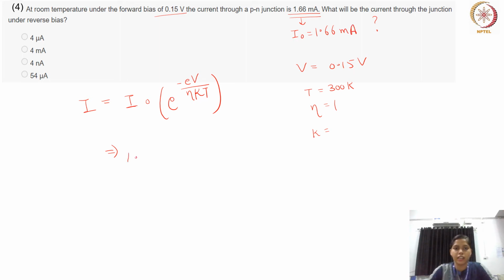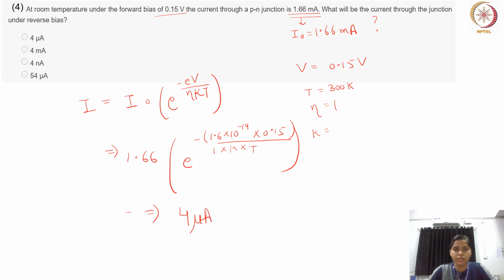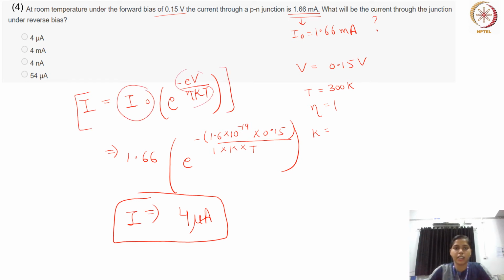So the value is e raised to the power minus 1.6 into 10 raised to the power minus 19 into 0.15 divided by eta, the value of K, and then the value of T. After calculating, it will give you the answer of 4 microampere. So you simply have to put all the values in this expression and you can get the current value under the reverse bias condition.